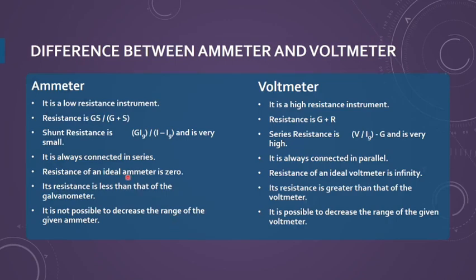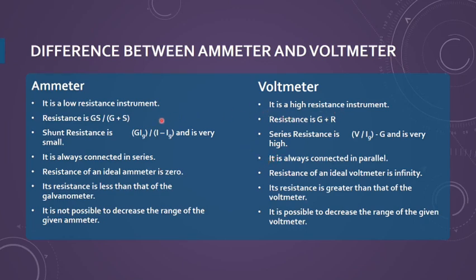You should also know the difference between the ammeter and voltmeter. We always connect the ammeter in series because it is a low resistance instrument, while the voltmeter is always connected in parallel in any circuit because it is a high resistance instrument.